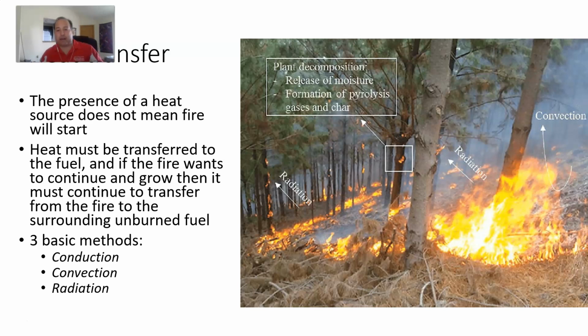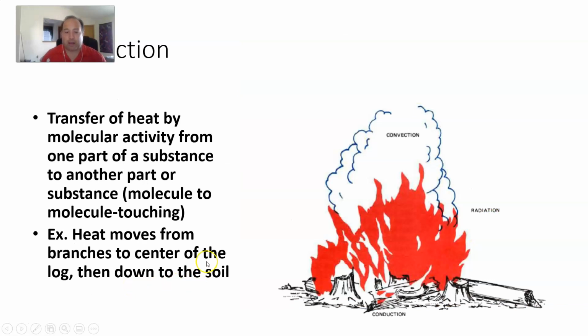And then we know that will happen through that combustion process of dehydrating, and then the volatilizing of the gases, and then the burning of the fuel. And so our 3 methods are conduction, convection, and radiation. So let's go over those individually.